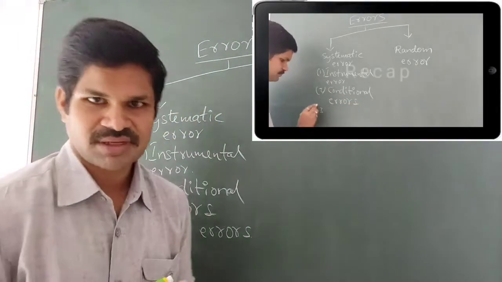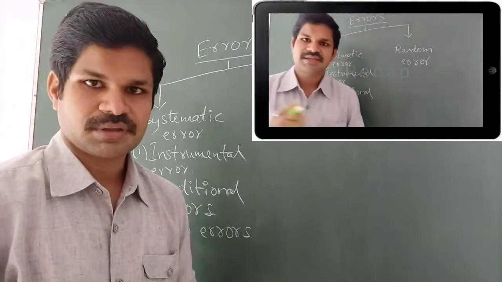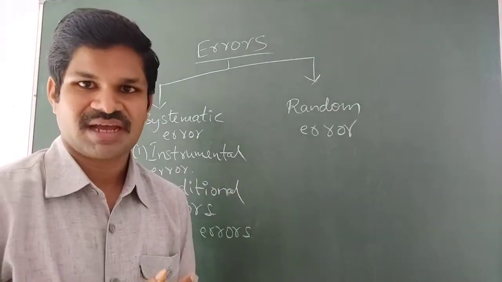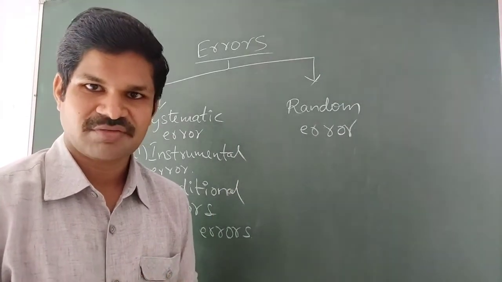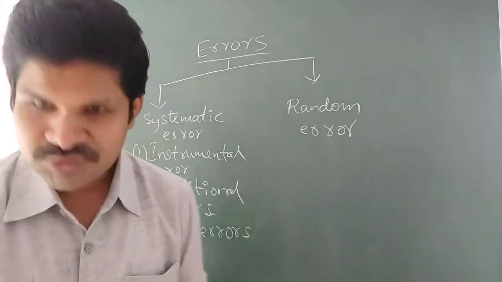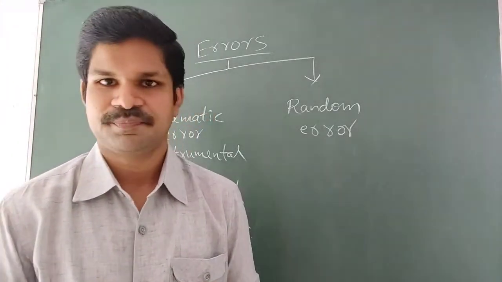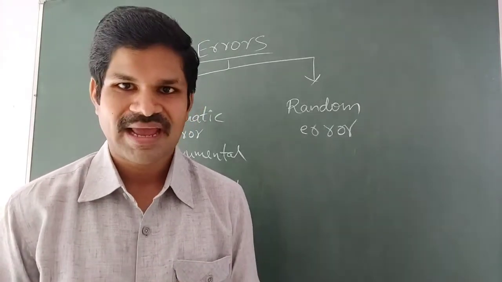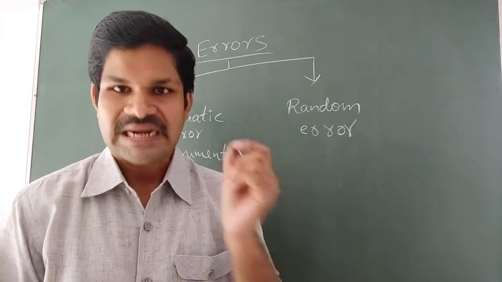In the previous class we discussed the concept of systematic errors. In this class we will discuss the types of random errors. What is meant by a random error? The name itself suggests a random error will not have a specific reason.